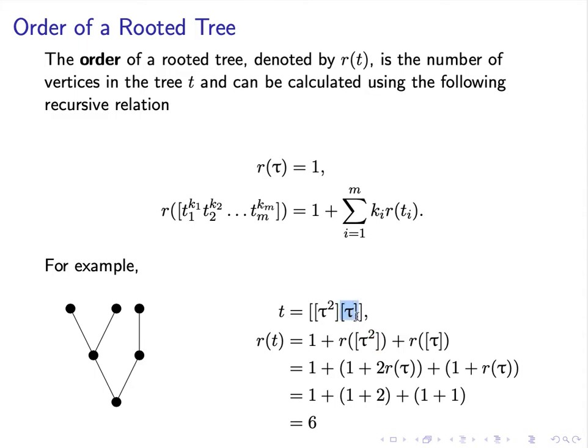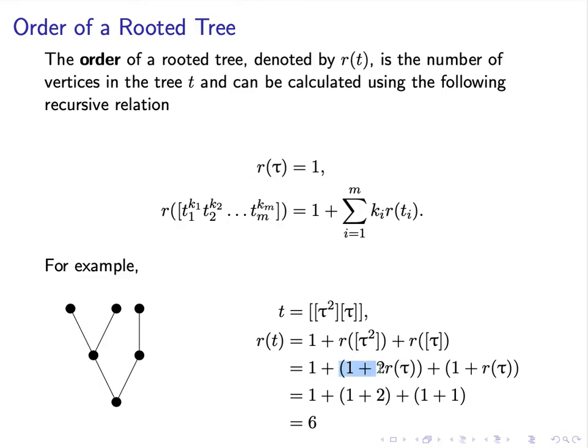And the second tree, this tree here, appears once, and so that's 1 times the order of that tree. So now we're dealing with this. If I calculate the order of this tree using the same relation, so this is where the recursiveness comes in, we have 1 for the root node, so that's accounted for that node, plus now the 2, because this tau is repeated, multiplied by the order of the single node tau.